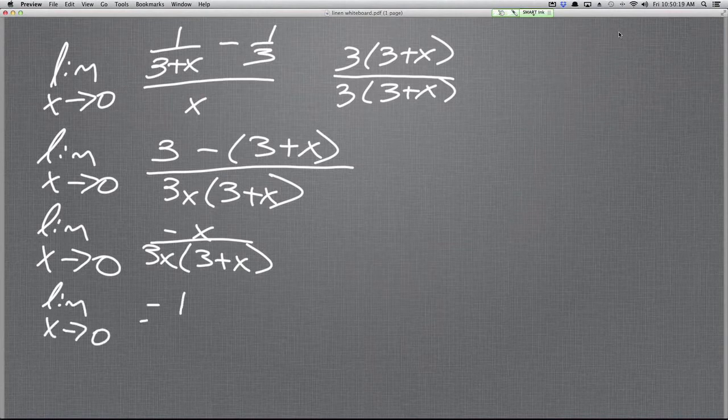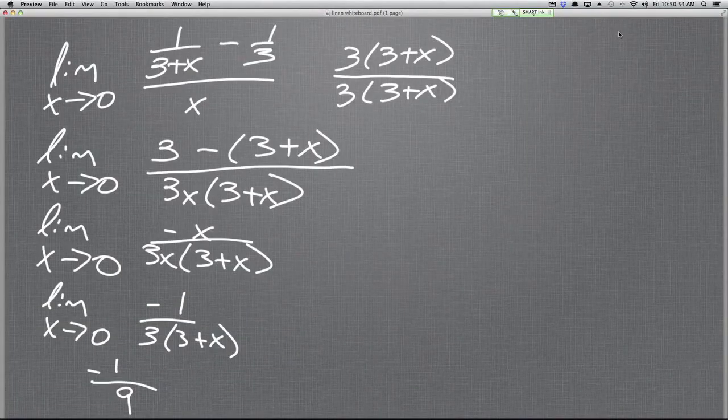So that gives me negative 1 over 3 times 3 plus x. Now I can plug in, which gives me negative 1 over 9. So the three approaches there when we get 0 over 0 are factor and cancel, multiply by the conjugate and cancel, multiply by the common denominator and cancel. Those are your three deals there.